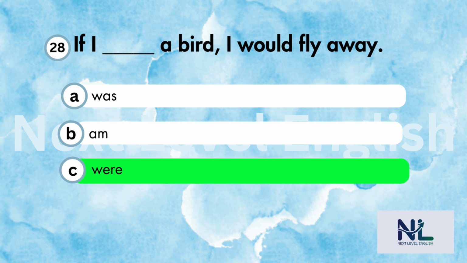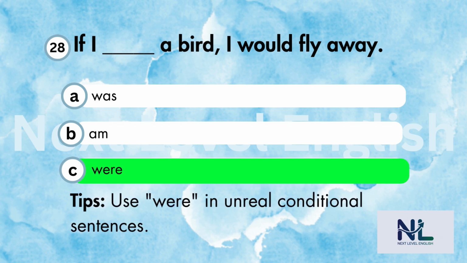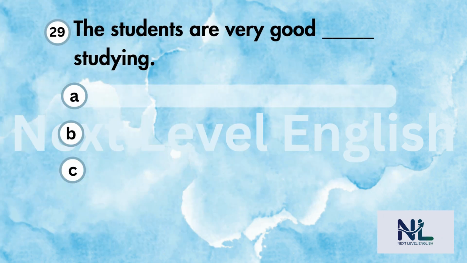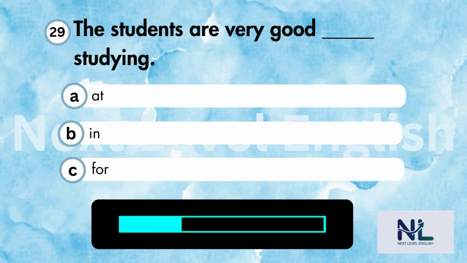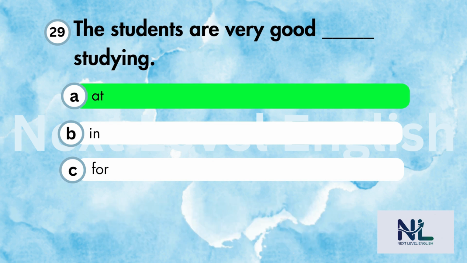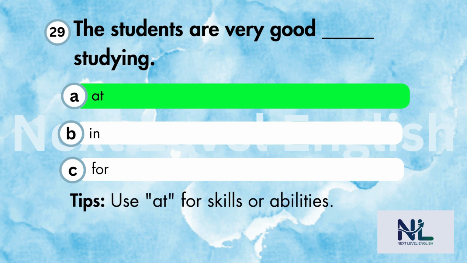Were. Tips: use were in unreal conditional sentences. 29. The students are very good studying. At. Tips: use it for skills or abilities.